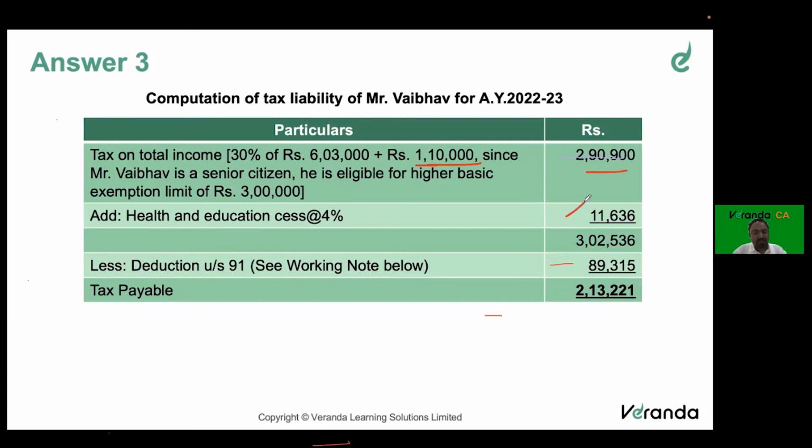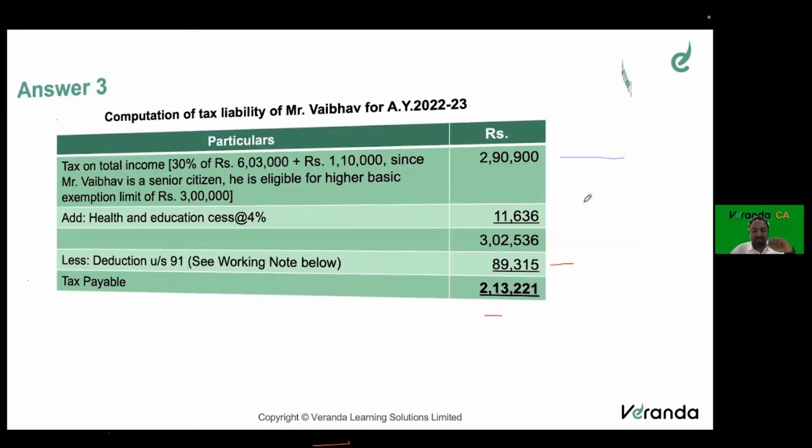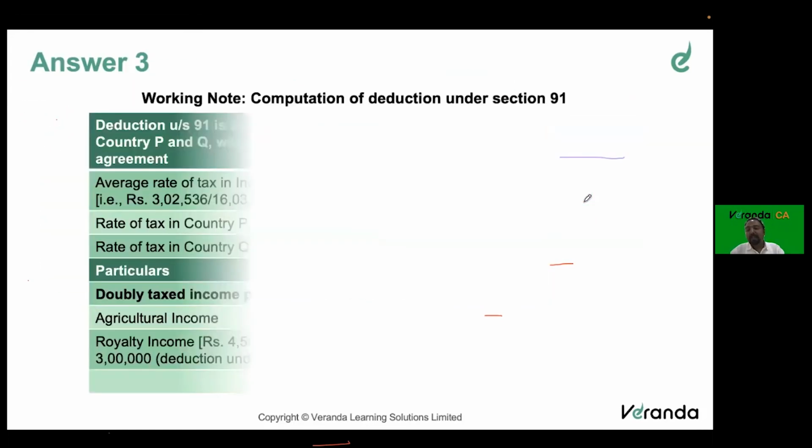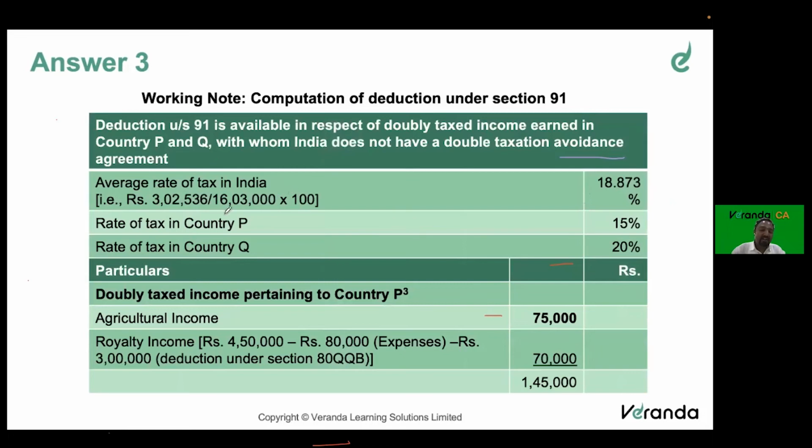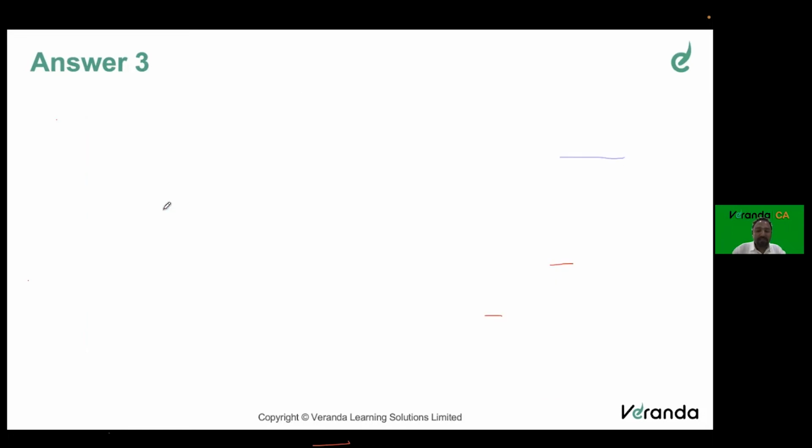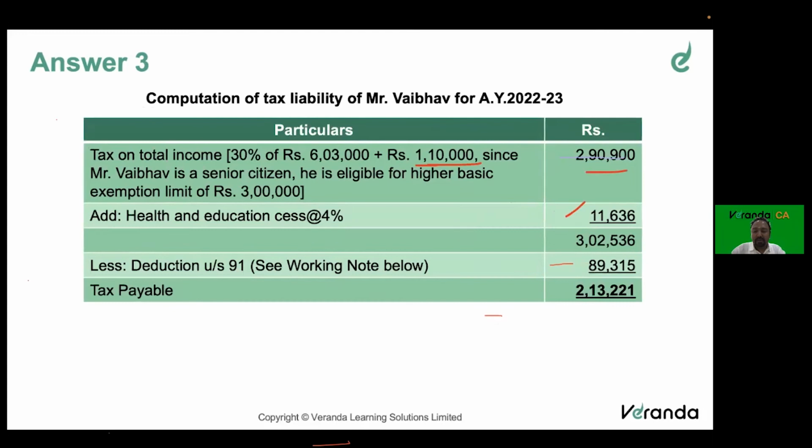On this, you need to calculate foreign tax credit, the deduction eligible under section 91. So what is the rule? Compute the tax rate of Indian income, compute the tax rate of the other country, and whichever is lower is eligible for deduction. So we are going to do that exercise and see whichever is beneficial. Now, the average rate in India is the total tax, that is 3,02,536, whatever we have arrived at here.